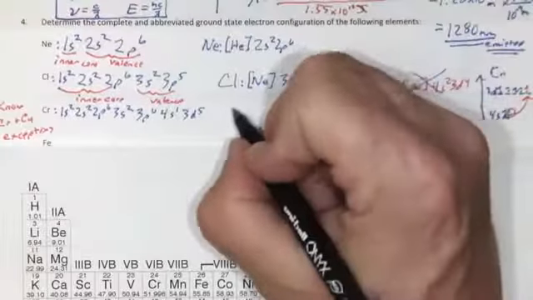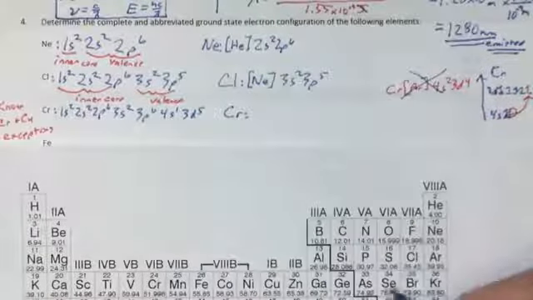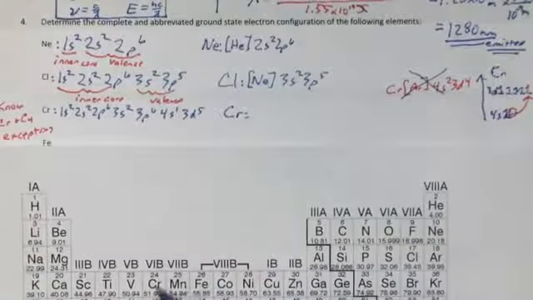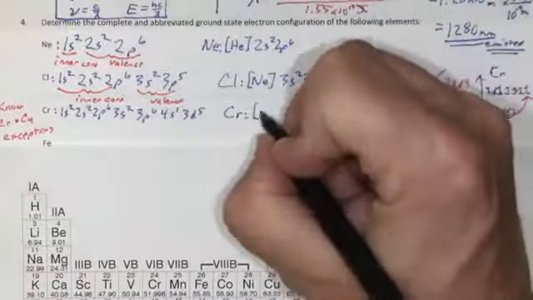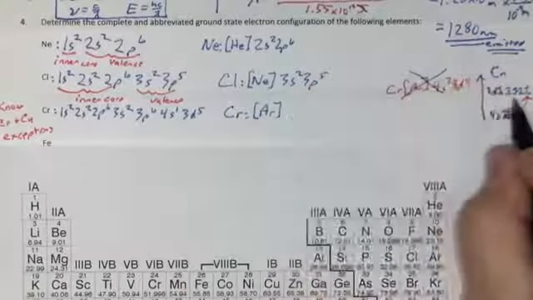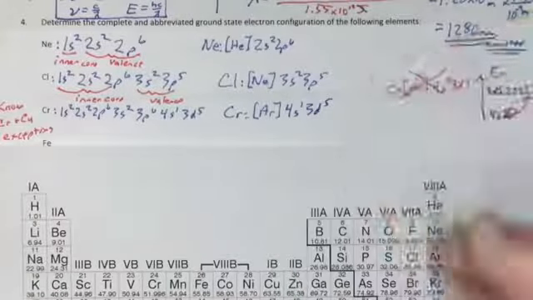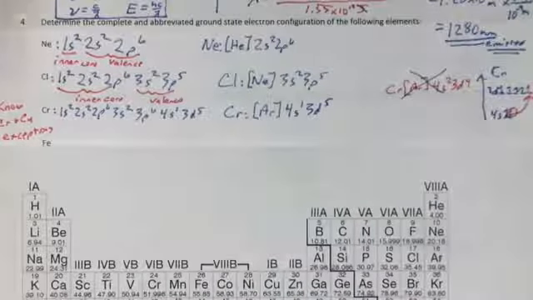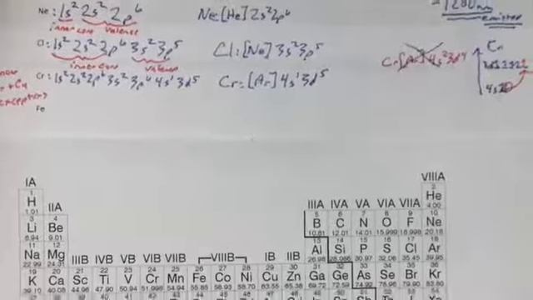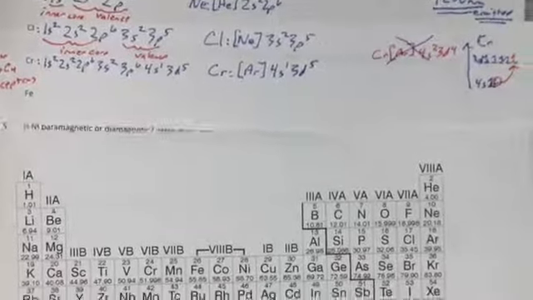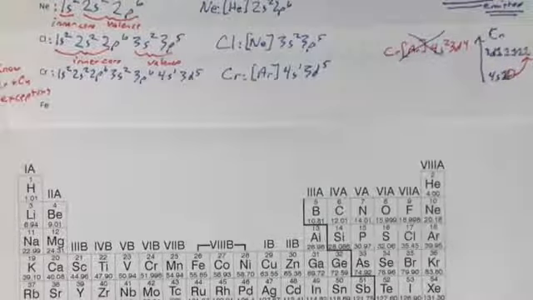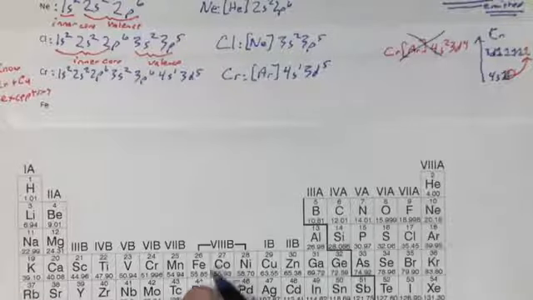The abbreviated electron configuration for chromium: I go to the noble gas just before chromium, which is argon. We would expect 4s2, 3d4, but because of the half-filled subshell rule, we get 4s1, 3d5. If you're using a different set of notes, you'll see a different element here, but we're going to omit that and just do iron right now.